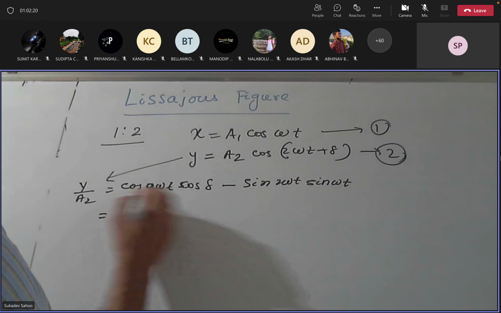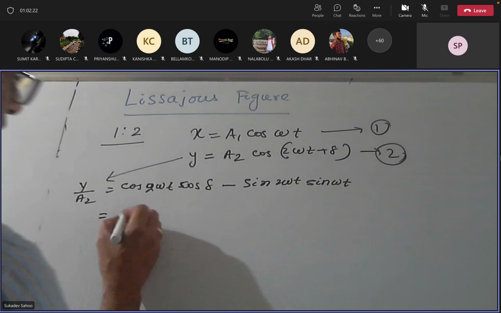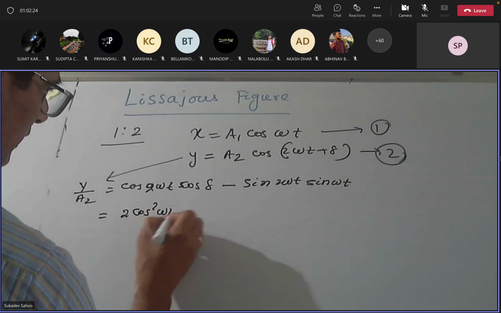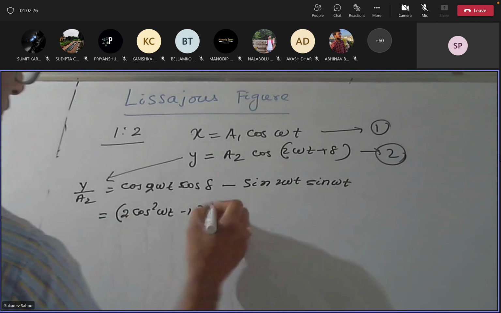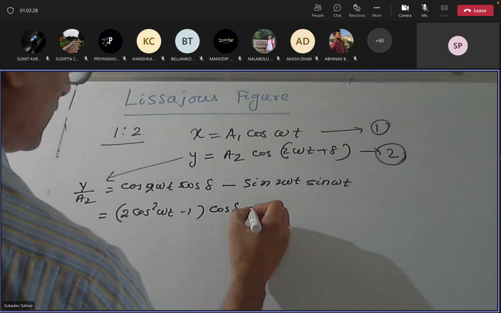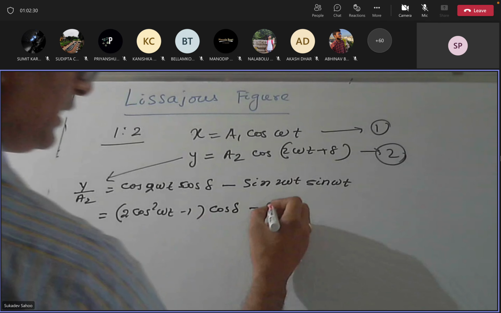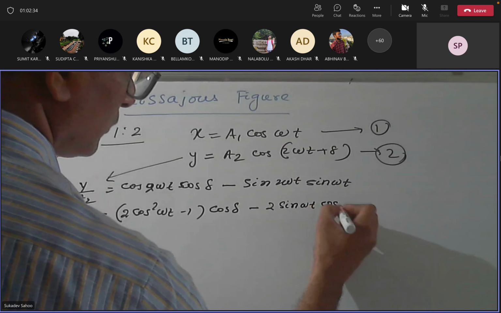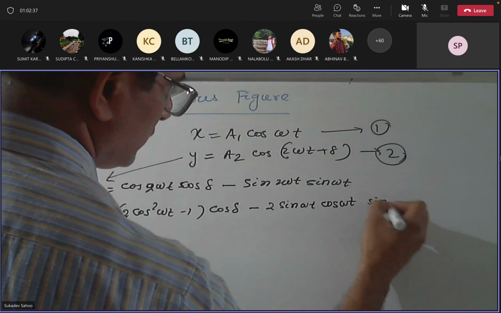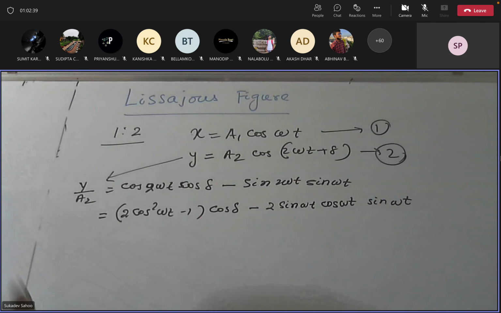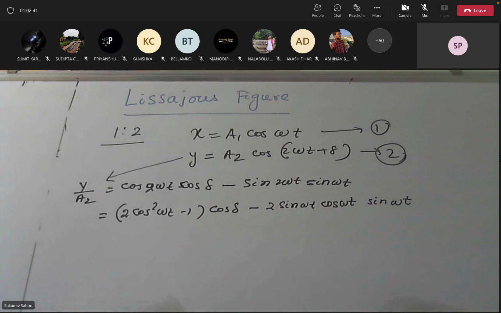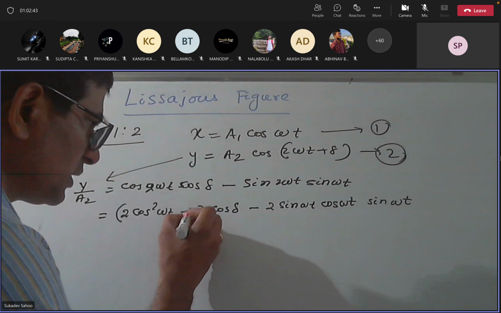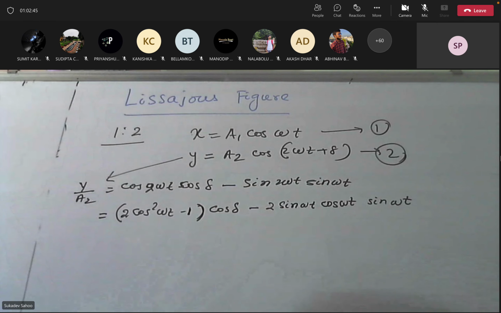So we can write again cos 2 omega t. What is that formula? 2 cos square omega t minus 1, into cos delta. Then sin 2 omega t is 2 sin omega t cos omega t, into sin delta. I think everybody knows; you should be strong in mathematics before appearing in the JEE Main examination.